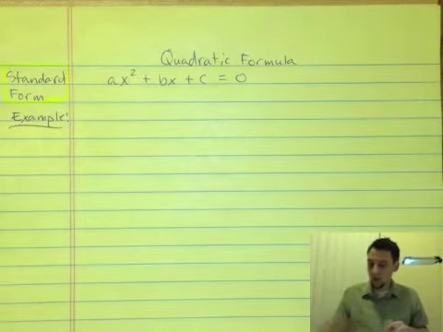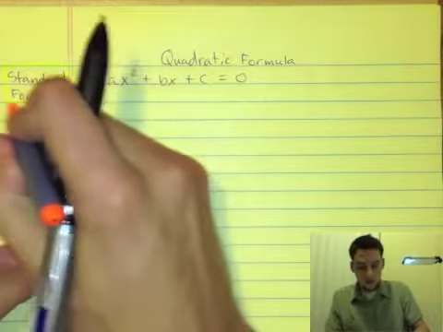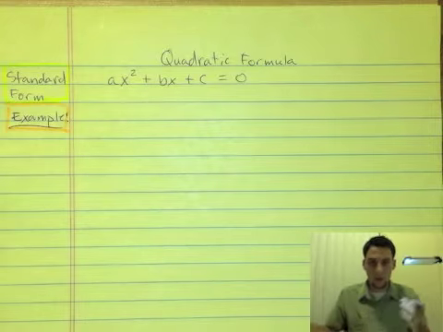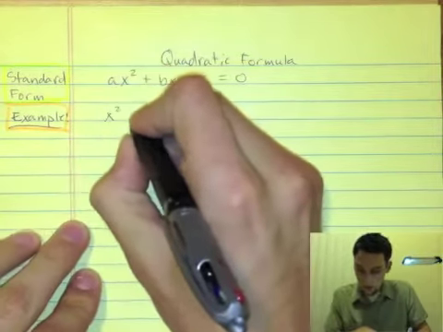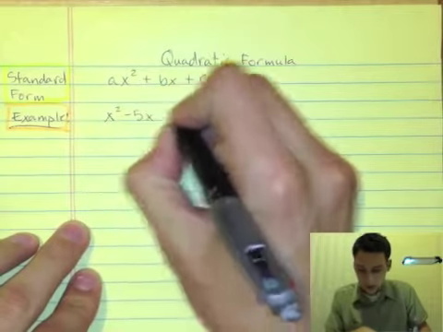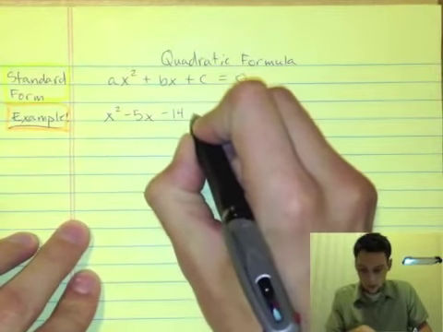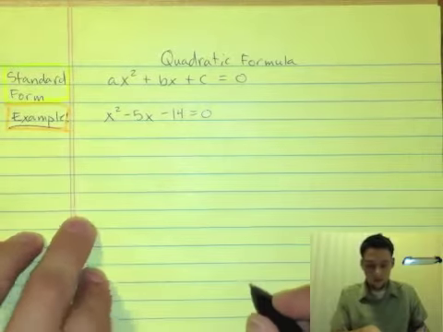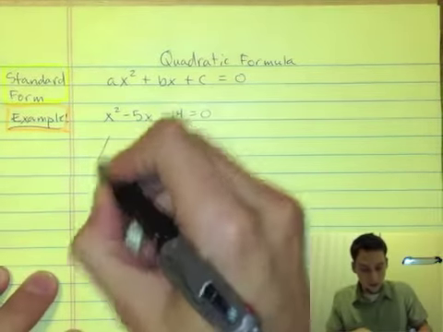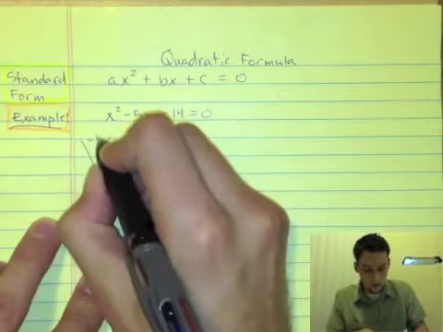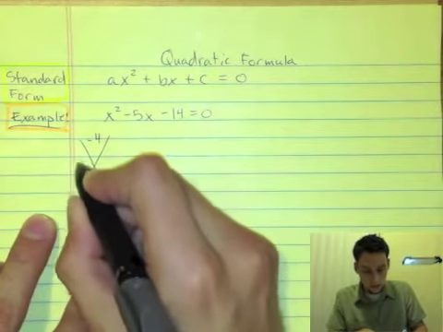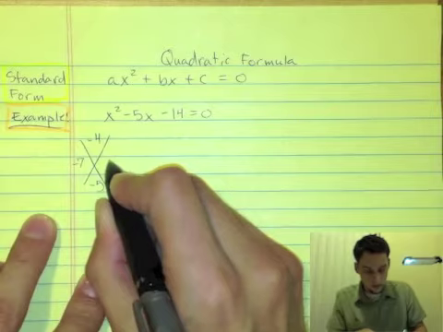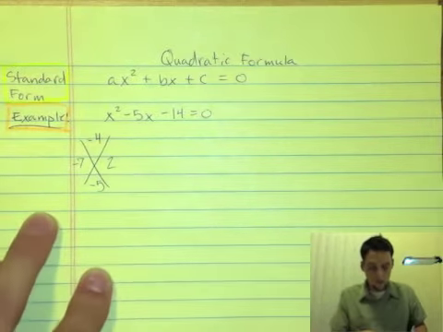First we can do an example solving a quadratic equation like we normally do with factoring. So let's look at this. x squared minus 5x minus 14 equals 0. If we wanted to factor this, negative 14 would go in the top, negative 5 in the bottom, negative 7 and a 2 will work.